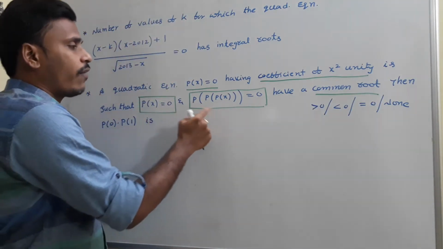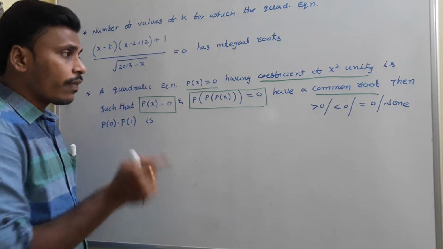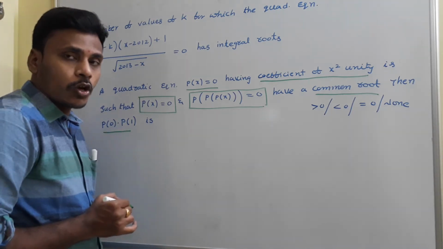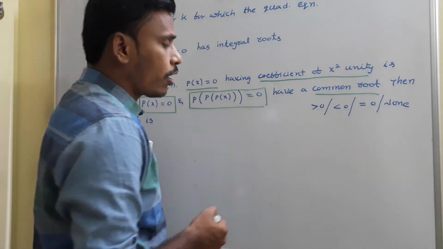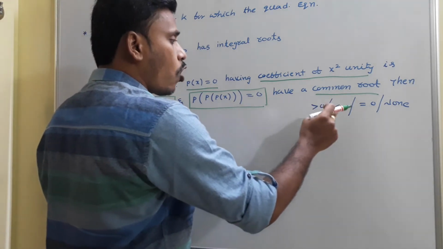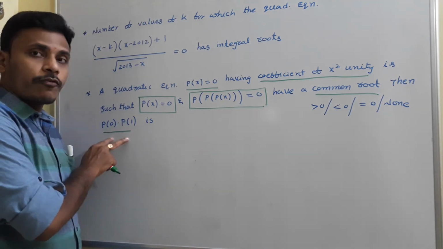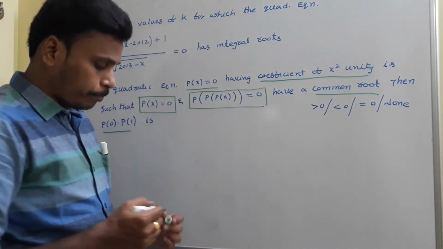These two are having a common root. Then we need to think about p(0) into p(1). And these are our options: either it is greater than 0, or less than 0, or equal to 0. It is in the sense the product of p(0) into p(1).